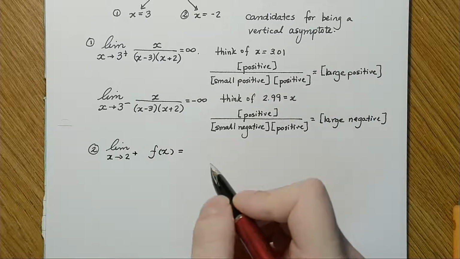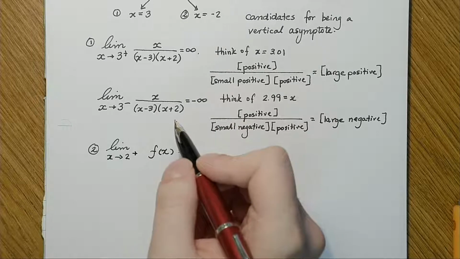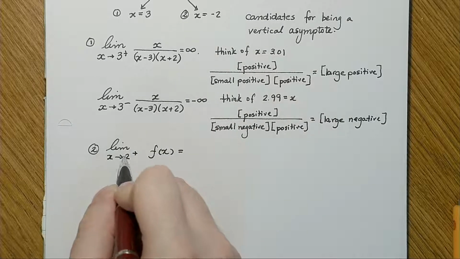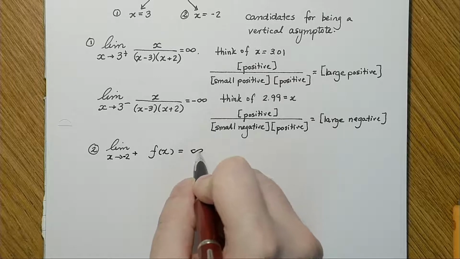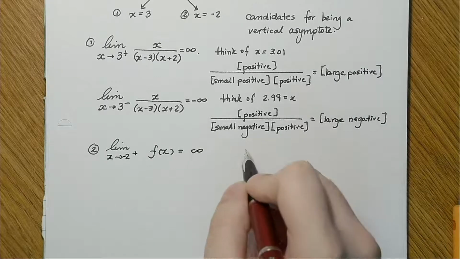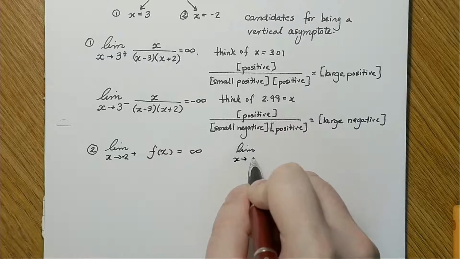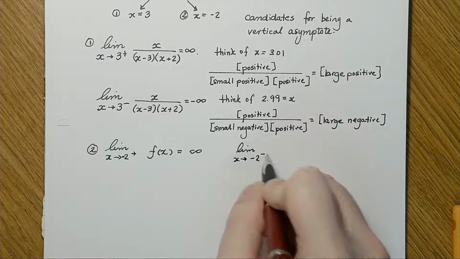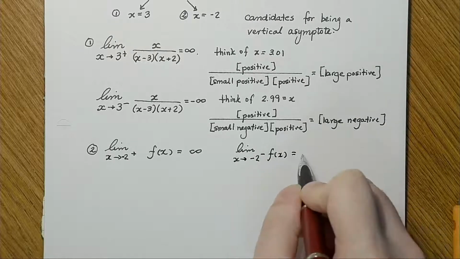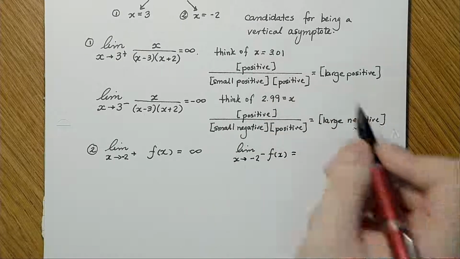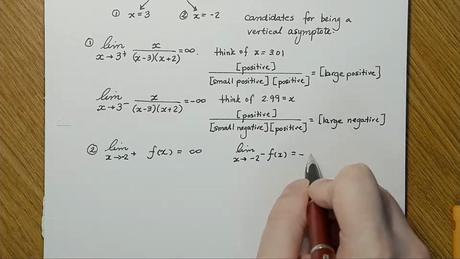And same idea again, you just apply the same, and the same thing happens again. So this becomes infinity. And same idea for this one, -2 going from the left-hand side. And so you do the same idea again for this as well, and that makes it a minus infinity.